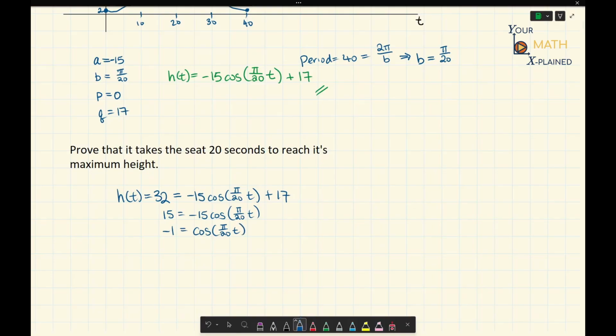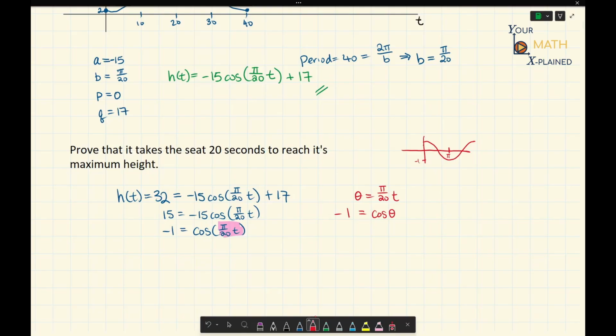Now imagine that this pi over 20t is equal to theta, so we're doing substitution. So if we let theta be equal to pi over 20t, then really what we're trying to do is solve negative 1 is equal to cos theta. Now using our original cosine graph, which looks something like this, we know that the first time the cosine function hits negative 1 happens at pi.